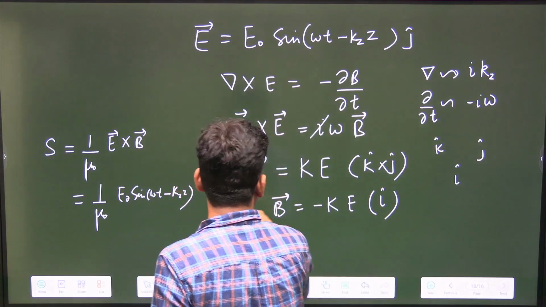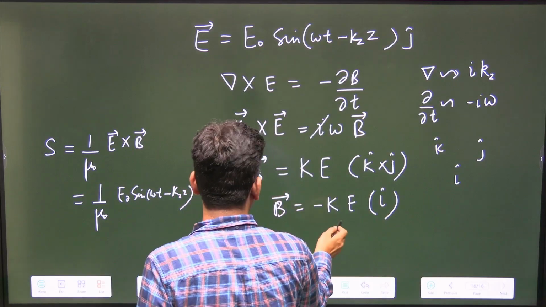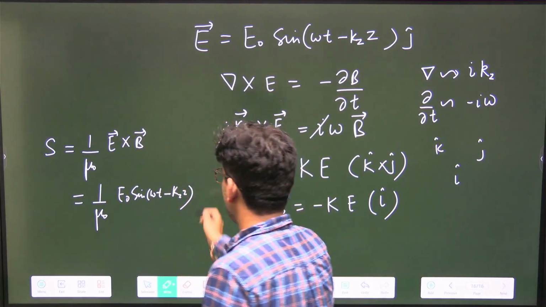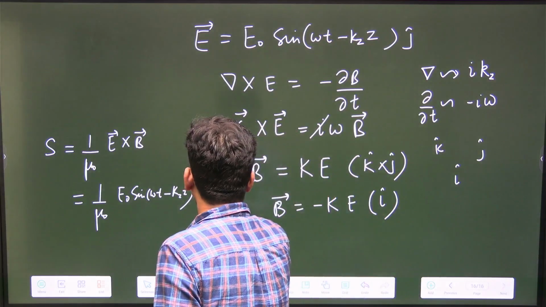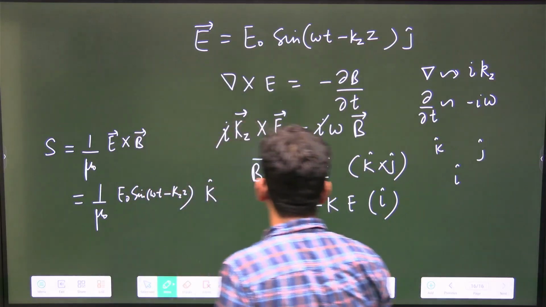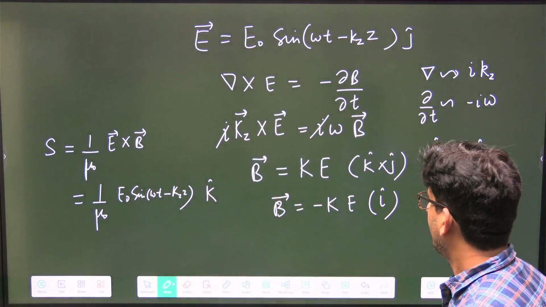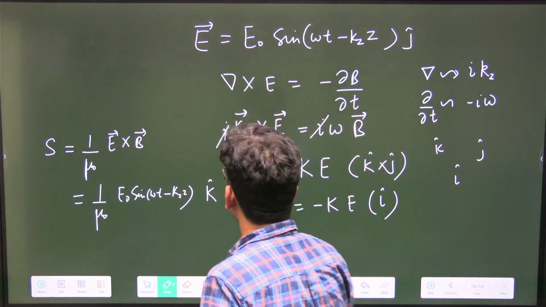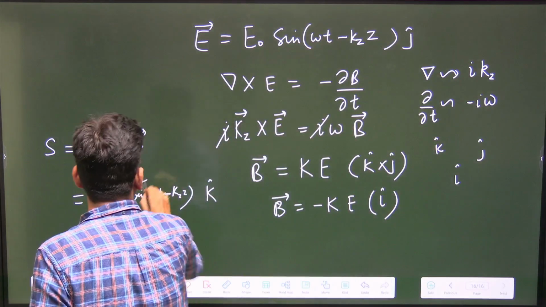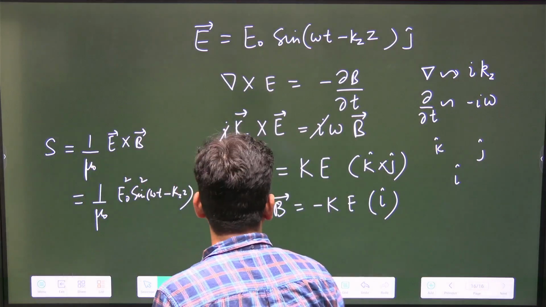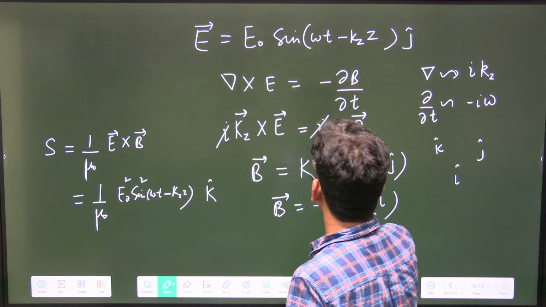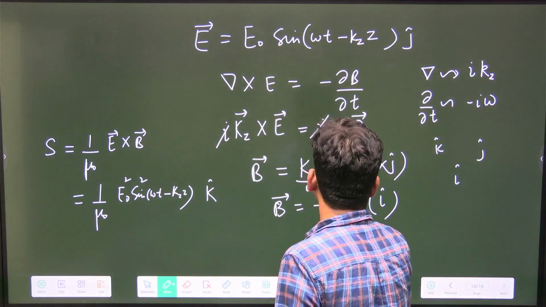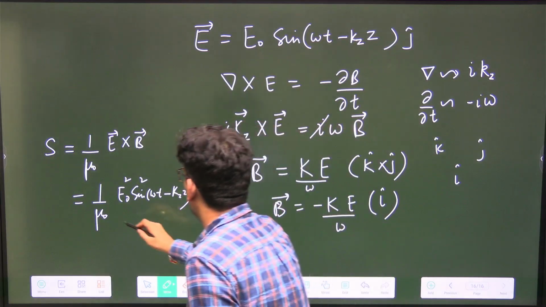It is minus kE I cap. So just take the direction, it will become K cap, the direction of flow of energy, because it is E cross B. So again it will become K cap, and E multiplied will become E naught square sine square, and B will become k E by omega. Okay, so by omega will also come.